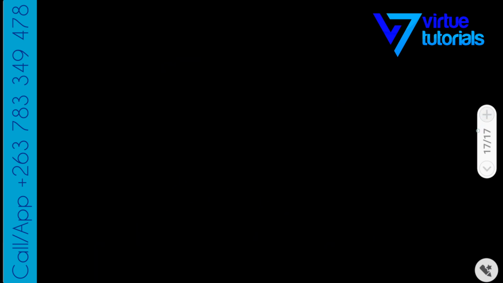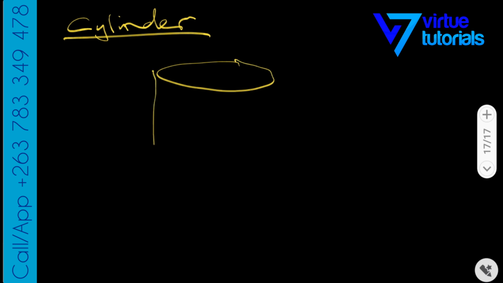Now you can have other shapes, for example, a cylinder. A cylinder has 2 faces that are circular and then one curved part.